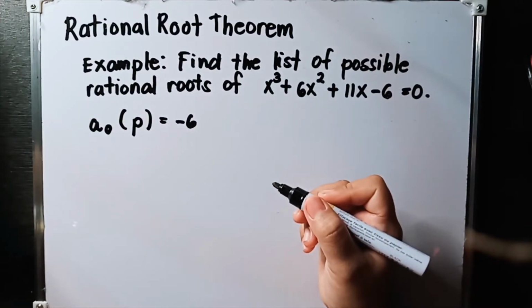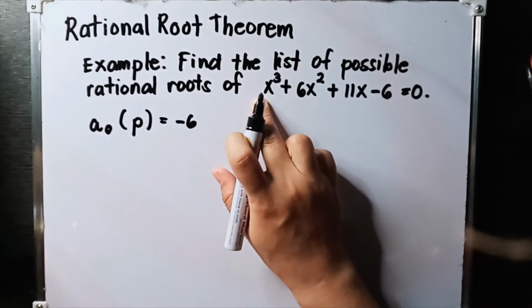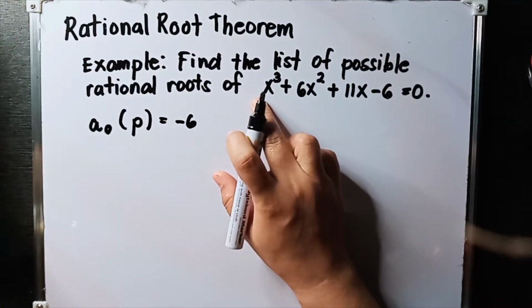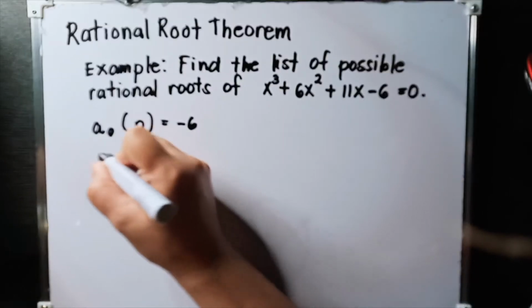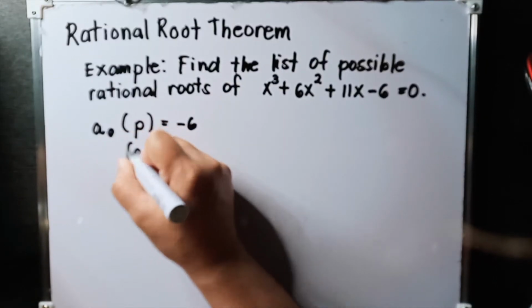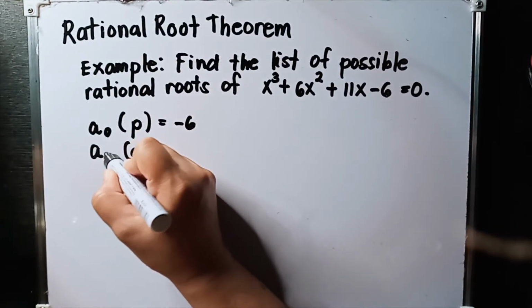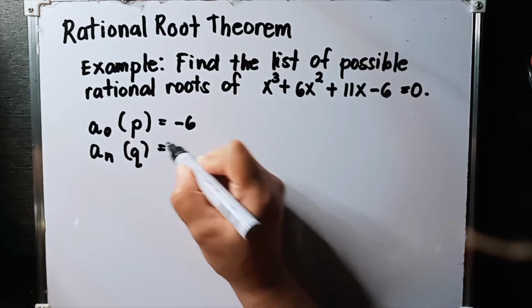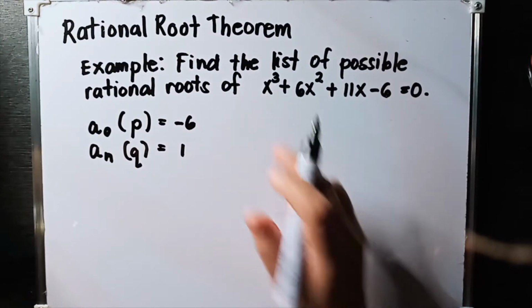And we also need to identify the coefficient of the leading term. So the coefficient of the leading term is 1, or it is represented by q, or our a sub n. So it is 1. This is our leading coefficient.